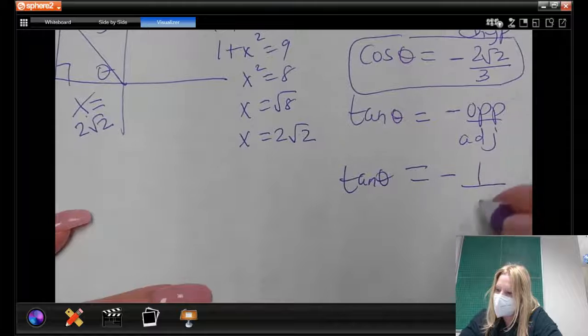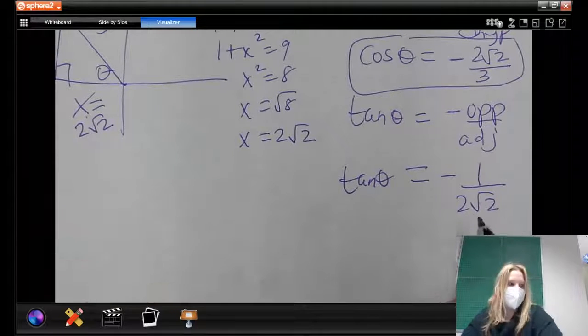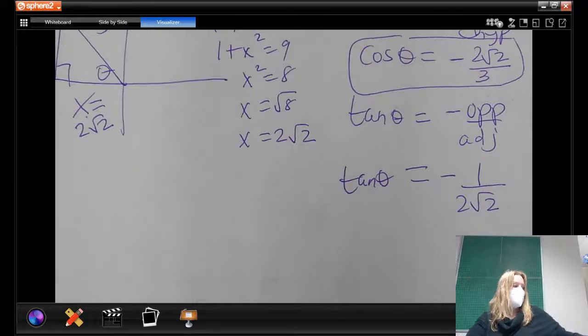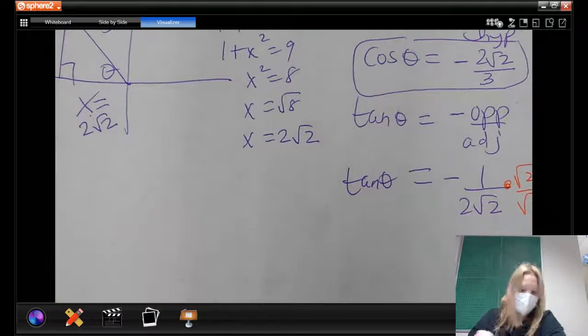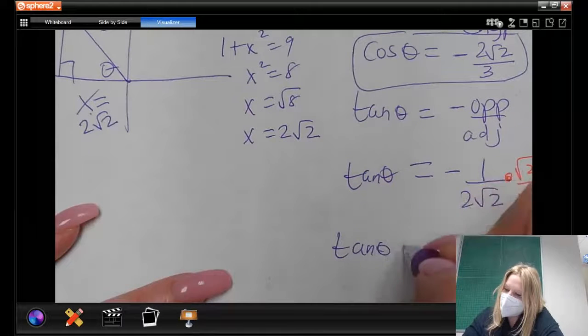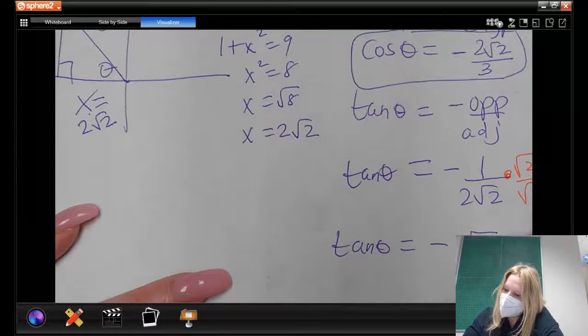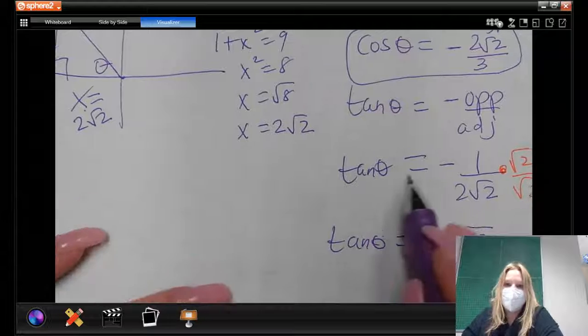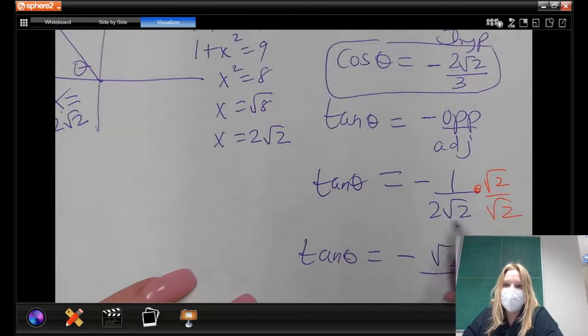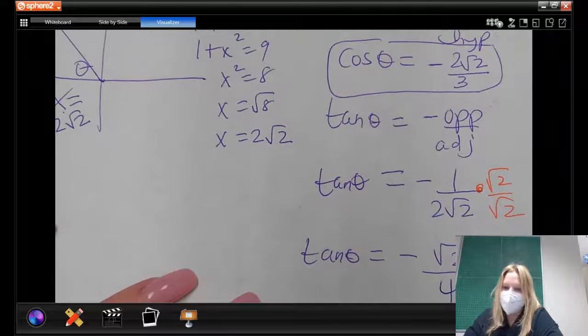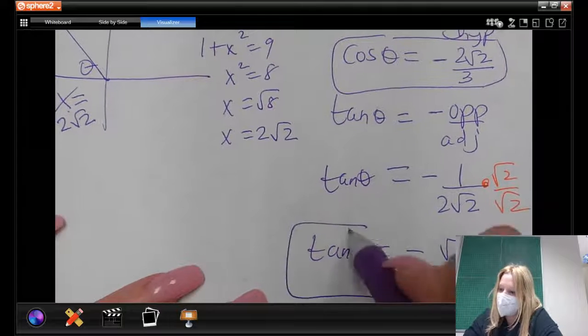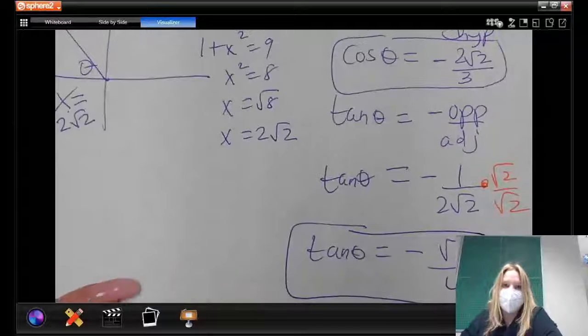Adjacent is 2 radical 2. Tan theta is negative. Radical 2 over this is 2 times 2, right? A radical 2 times a radical 2 is 2. So this is 2 times 2, or 4. So that is the tan theta.